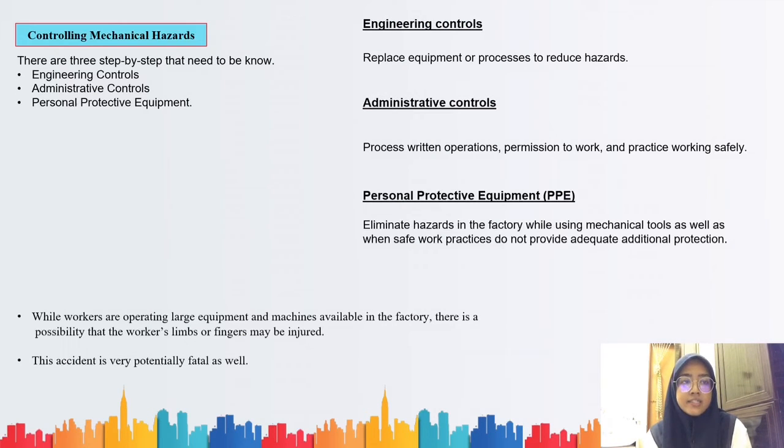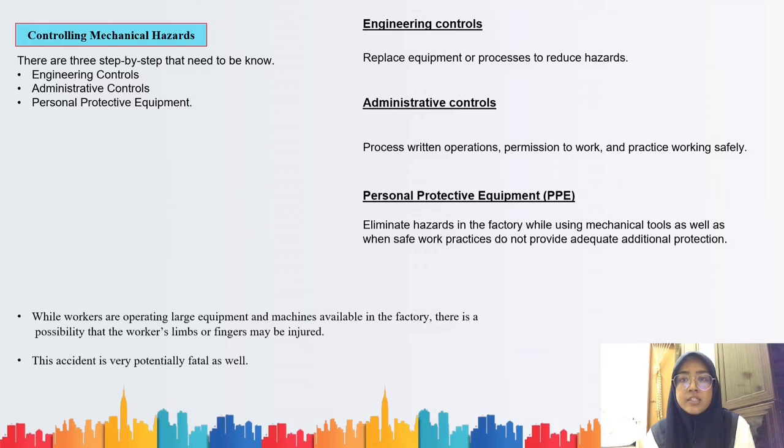Controlling mechanical hazard. To control mechanical hazard in the factory, there are 3 steps that need to be known. Among them are engineering control, administrative control, and personal protective equipment. In controlling mechanical hazard, the appropriate control used is engineering control. This control can physically change the machine or work environment to avoid exposure to hazard.